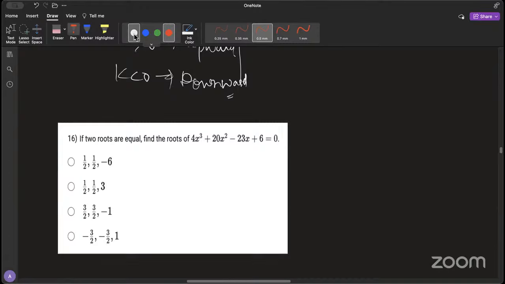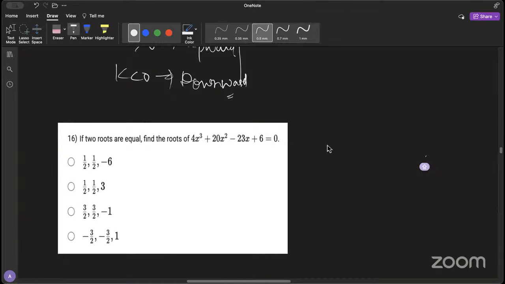Now we have alpha, beta, gamma. Alpha plus beta plus gamma should be equal to minus b by a, right? Initially I didn't have that, but now I can do it. So you don't want to use this information, is it? Yeah, I wasn't aware of this information.